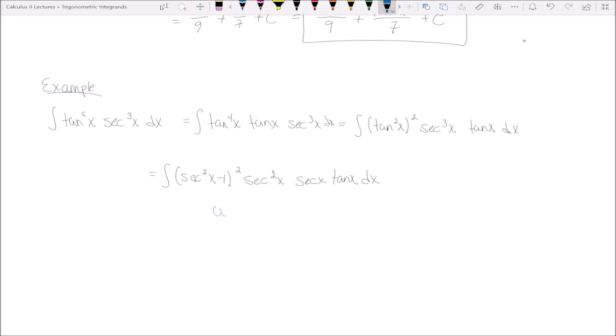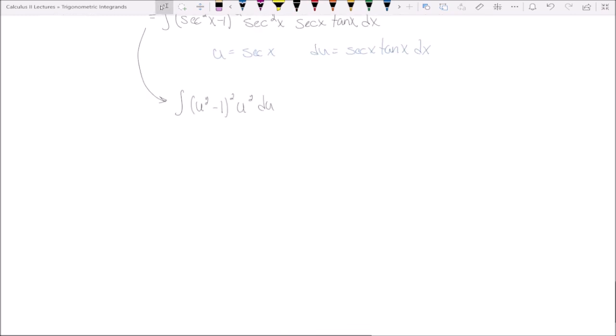So that we can now say, let u be secant, which means that du is secant tangent. All right, so now what we have is the antiderivative of u squared minus 1 squared times u squared du. Expand out the u squared minus 1 squared first. We get u to the 4th minus 2u squared plus 1. Now distribute that u squared through. We get u to the 6th minus 2u to the 4th plus u squared.